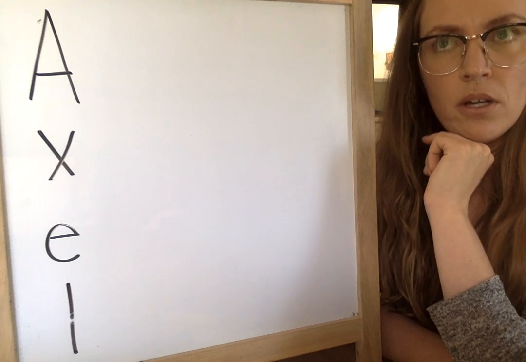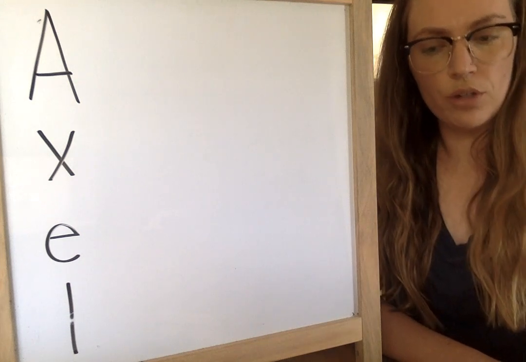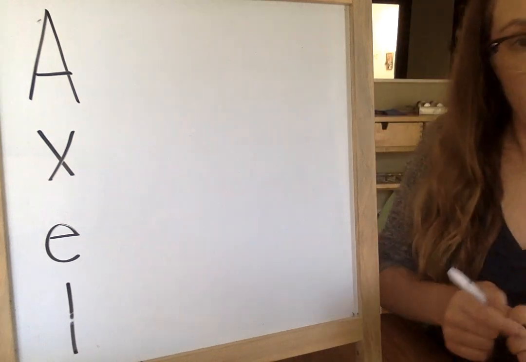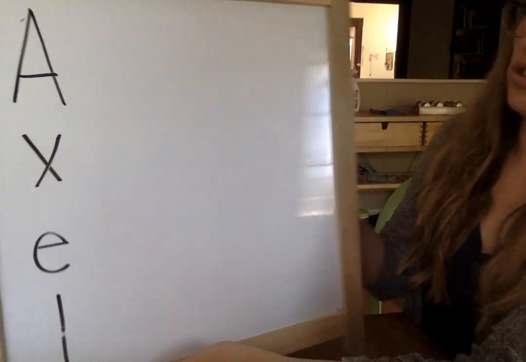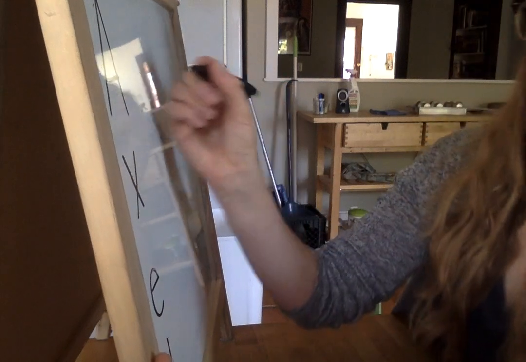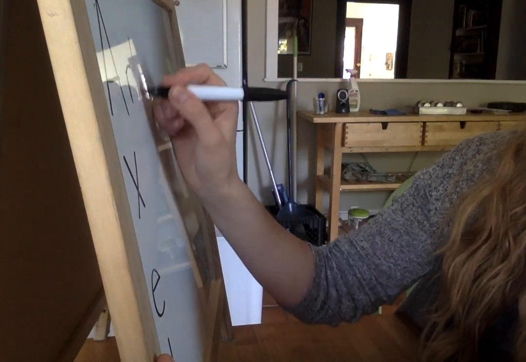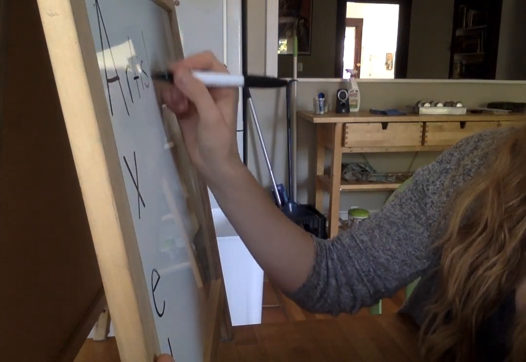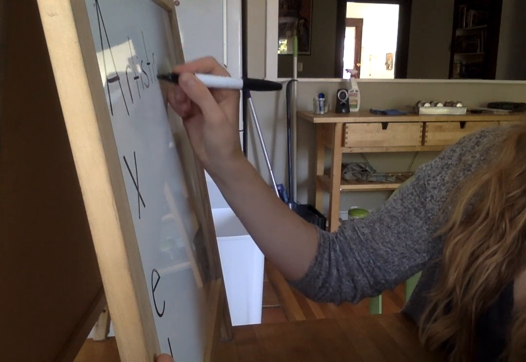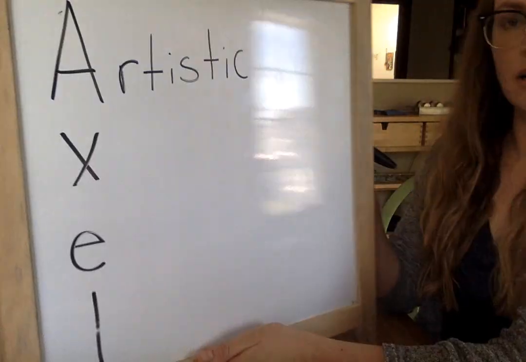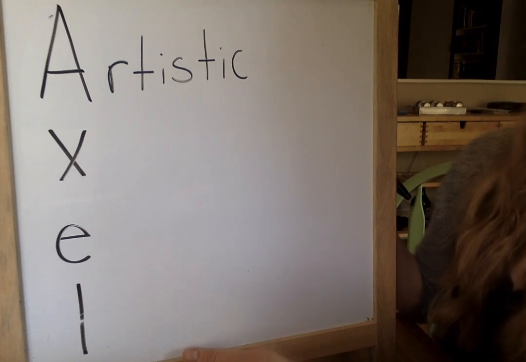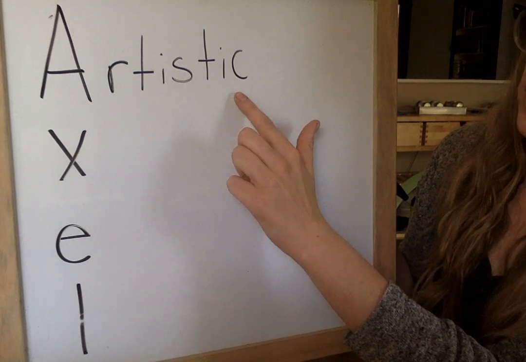Let's think about it. All right, the word that I have in my mind is artistic, because I know that Axel loves to color and he is very talented. So my first adjective is artistic.